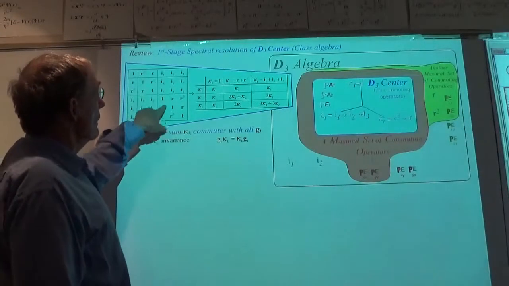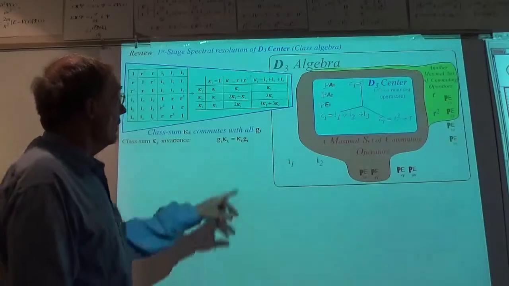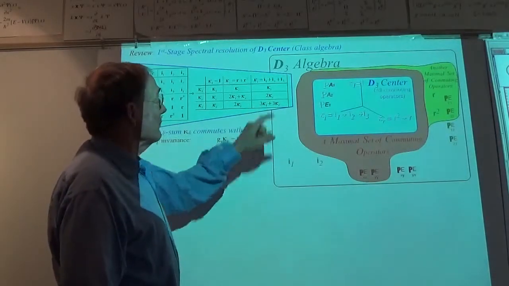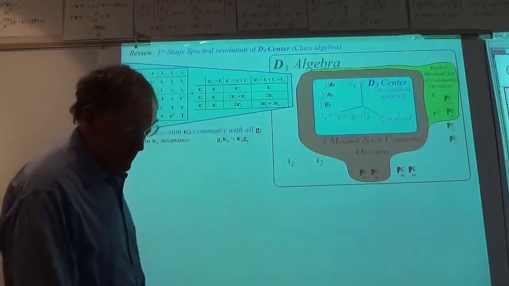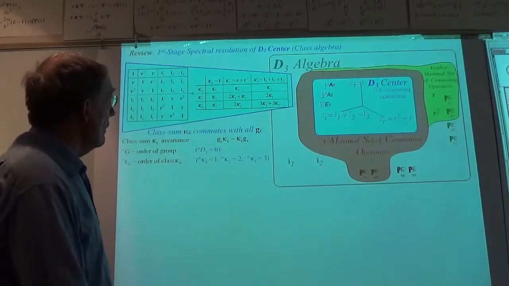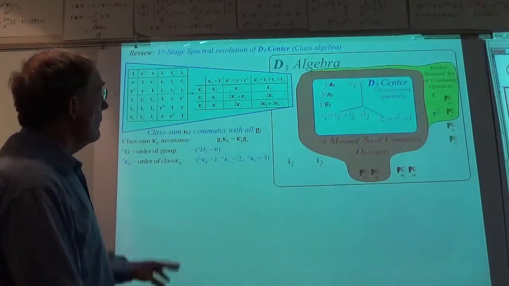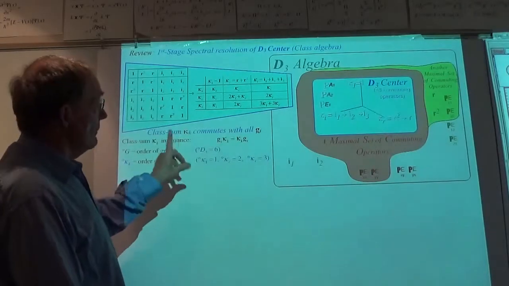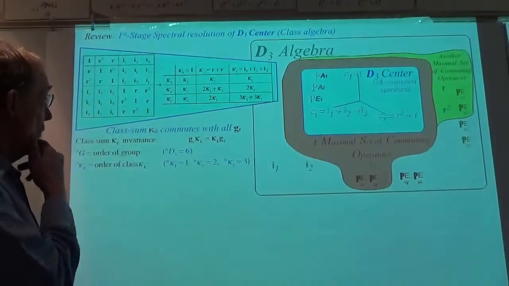For example, two classes are here, two I classes are there, and so forth. And the one that we're making use of for our spectral decomposition is actually just that particular product right there, followed by that one. So that's what we do when we go to reduce this thing. But before doing that, I want to really quickly go through these numbers again, because they appear in all formulas that we use.